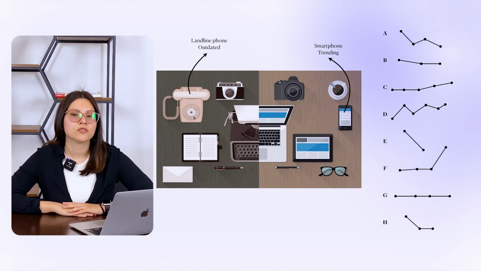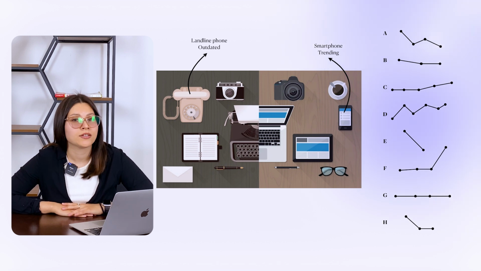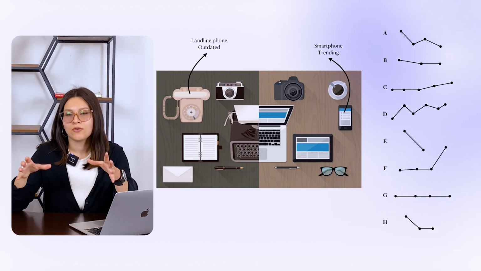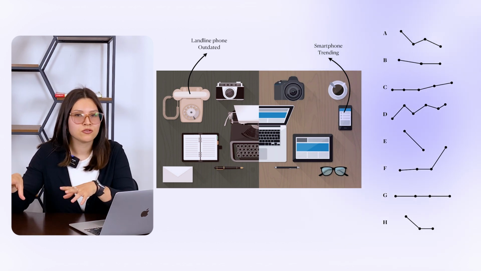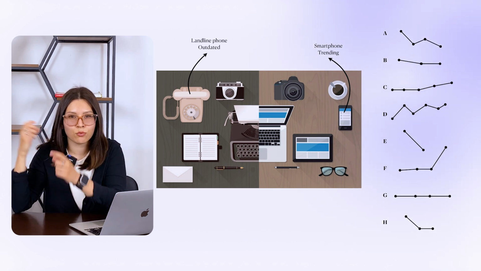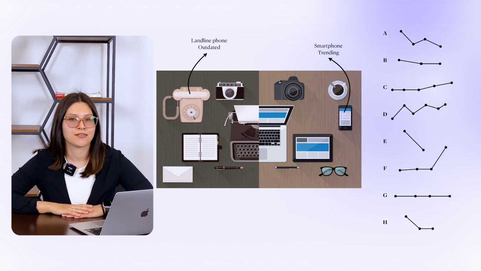And the other part shows you those which are trending right now, something that everybody uses. Okay, so let's take a landline phone. So you know what is landline phone? It's something that our grandparents used to use for phone calls, like something with a wire. Nobody uses it right now.